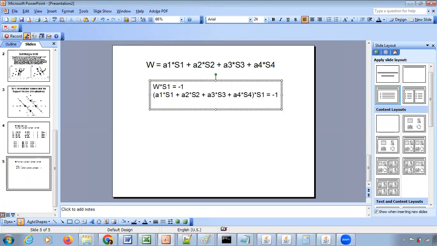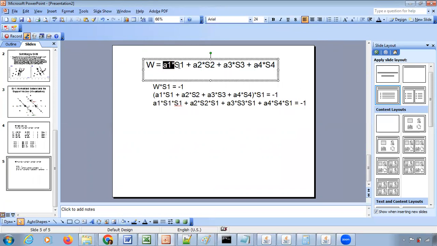So now you multiply the S1 inside, what you get is A1 times S1 times S1 plus A2 times S2 times S1 plus A3 times S3 times S1 plus A4 times S4 times S1 equals -1.